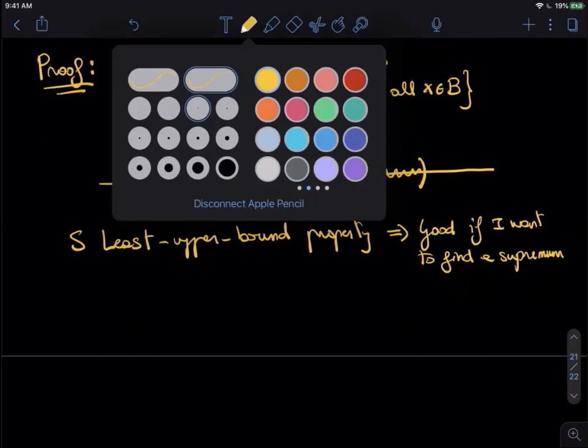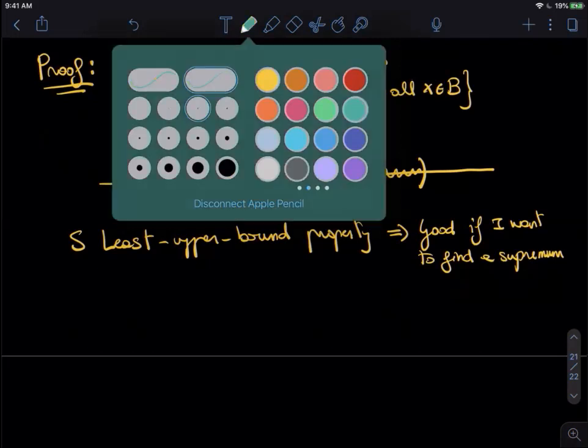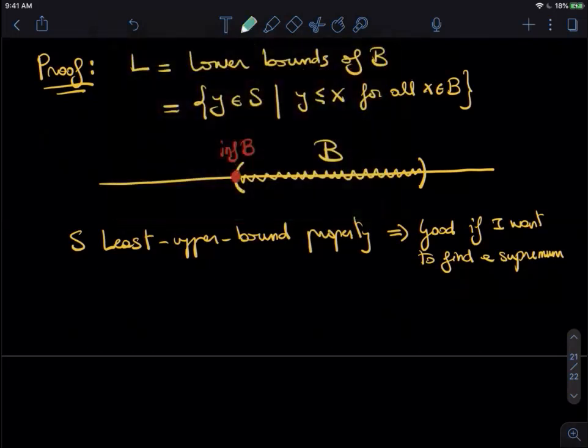So the strategy is to think, okay, because I can find a supremum easily, let me work with a set that is next to B, but right below. So a set that is here, in such a way that I can find the supremum of this set that I just defined.